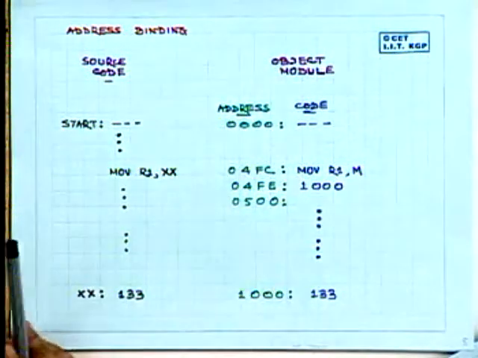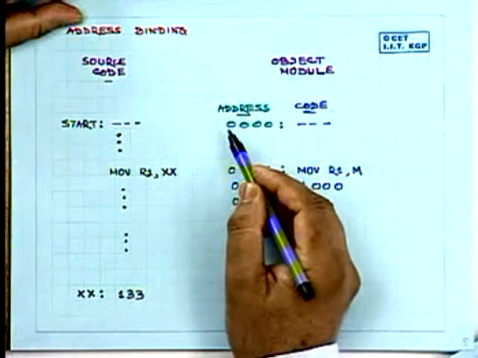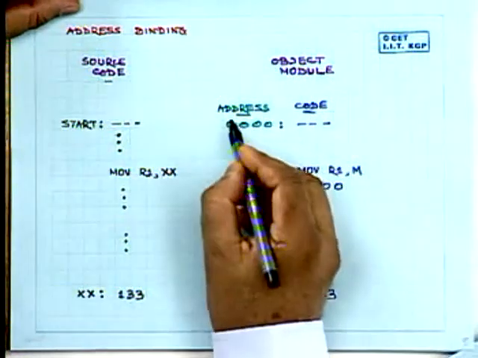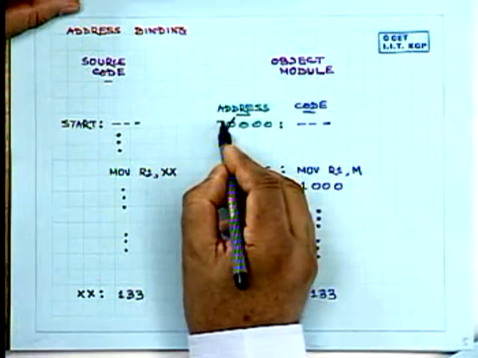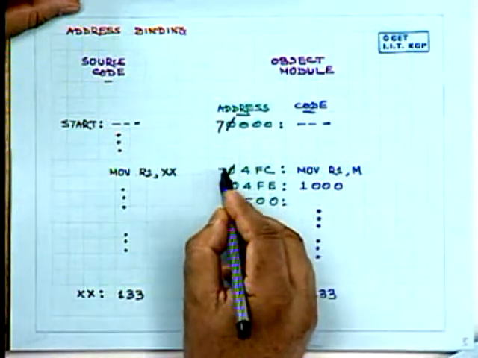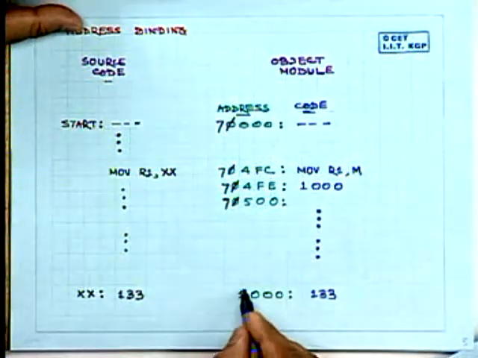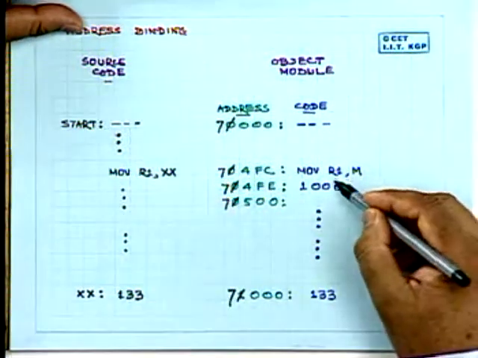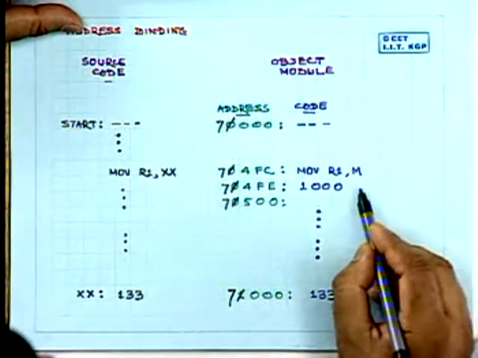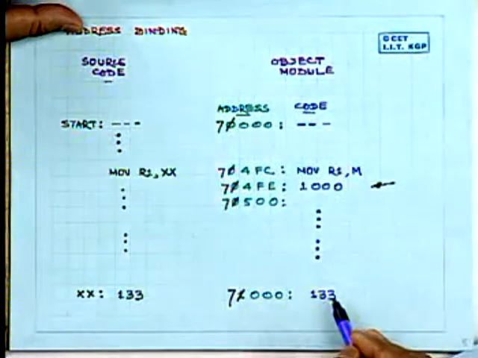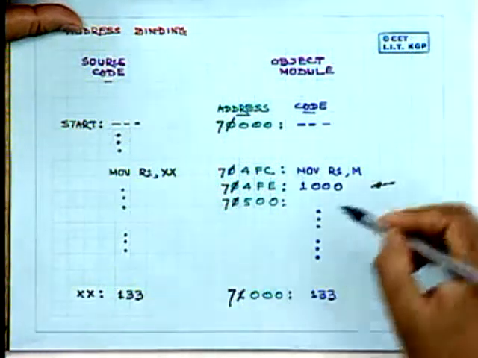Now if we move the entire program to, say, 7000 instead of 000, then all these addresses will change to 7000 onwards, and you see that instruction execution will be wrong if we do not change this particular word in this program.